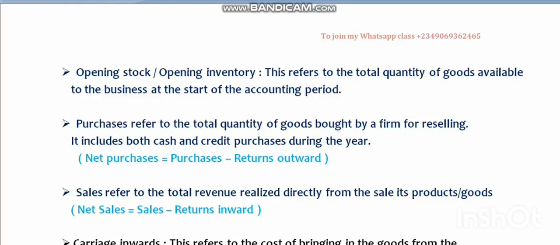That is called net purchases. So net purchases is purchases minus returns outward.